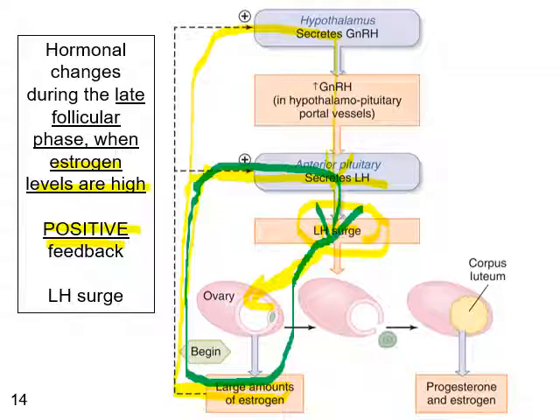When there is that surge in LH especially, but FSH as well, that's what triggers ovulation. The FSH LH surge triggers ovulation.